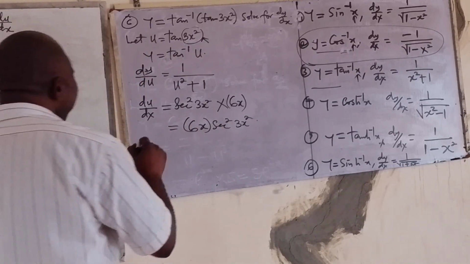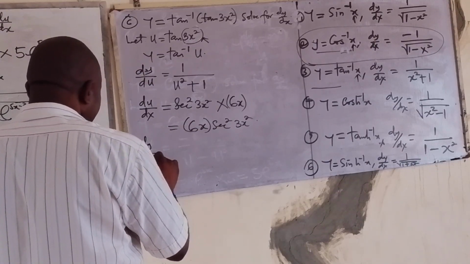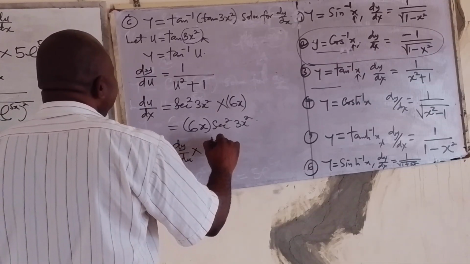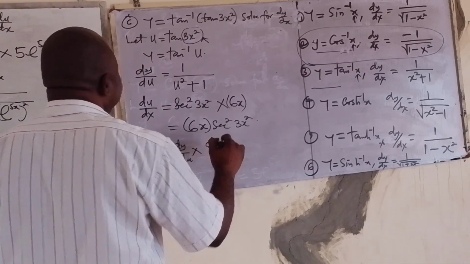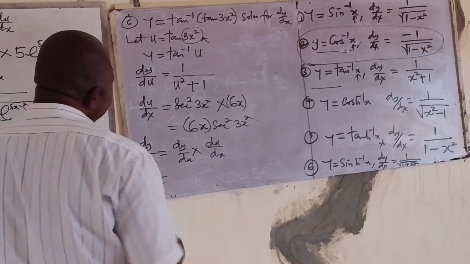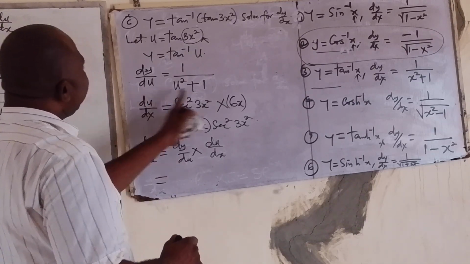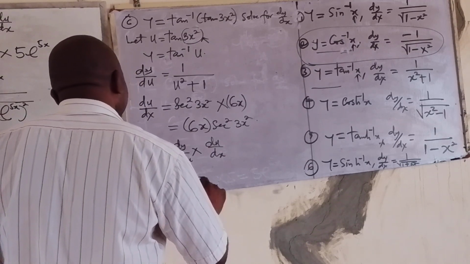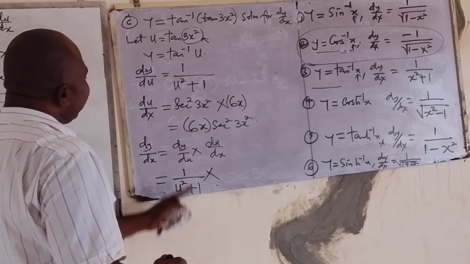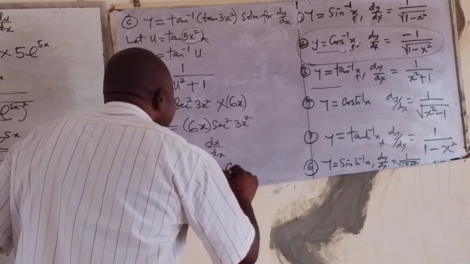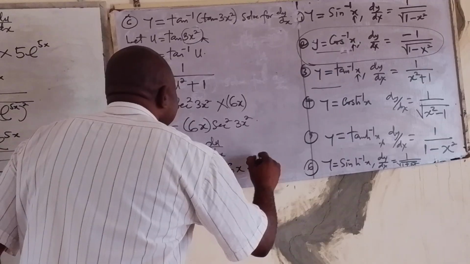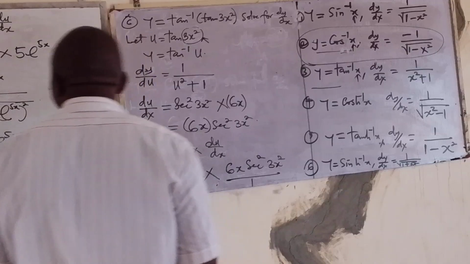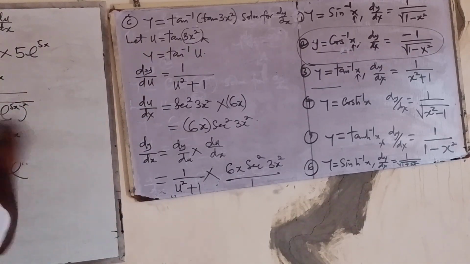So now dy/dx is dy/du times du/dx. This is the chain rule. Here dy/du is 1 over u squared plus 1, and you multiply it by du/dx, which is 6x sec squared 3x squared, over 1.